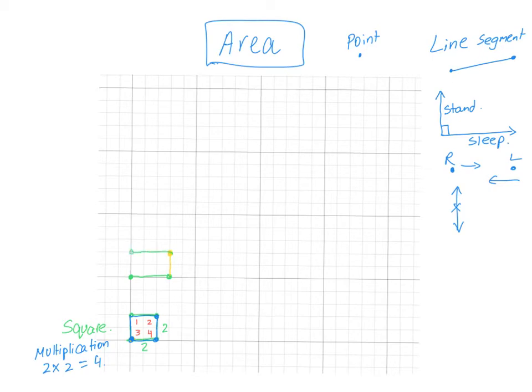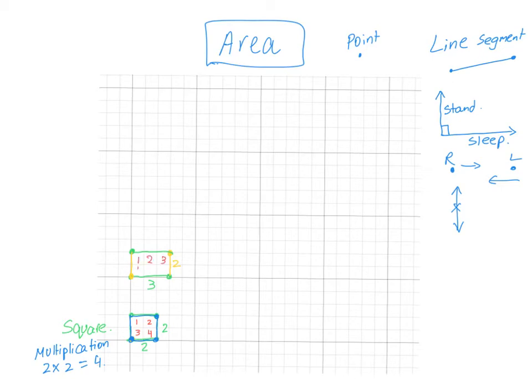Go here, and then come back to our original point. So I've moved 3 in this direction, and 2 in this direction. Now how many smaller squares do I see in the space?